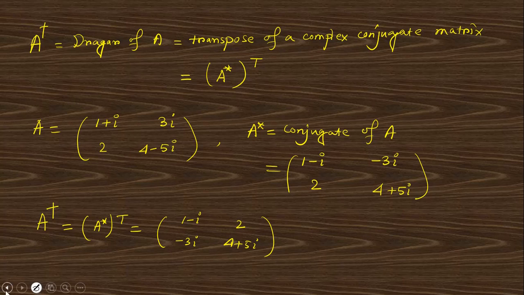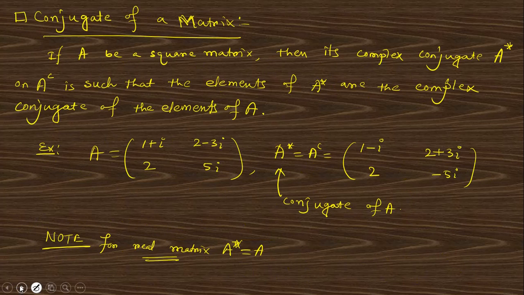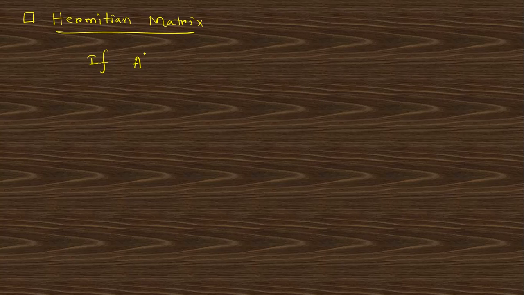In case of a real matrix, or a matrix with real elements, you see symmetry and skew symmetry. In the same manner, in case of complex elements in the matrix, you see the Hermitian and the skew Hermitian. So this is the Hermitian matrix. What is a Hermitian matrix? If A dagger is equal to A, you know what A dagger is: the transpose of the complex conjugate of a matrix.